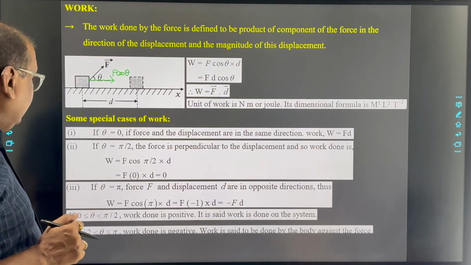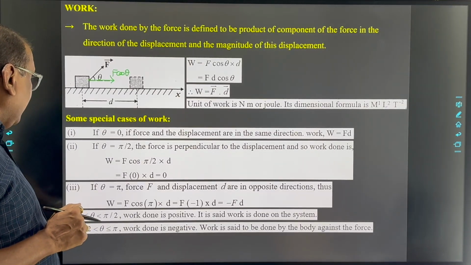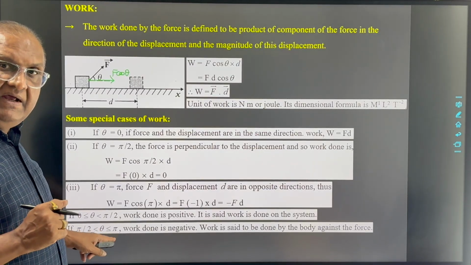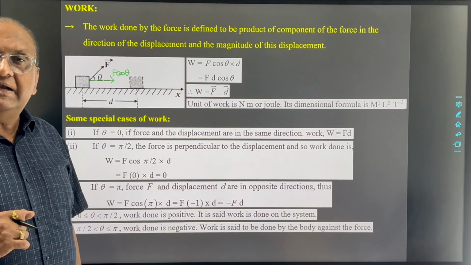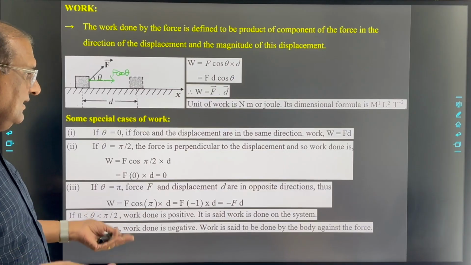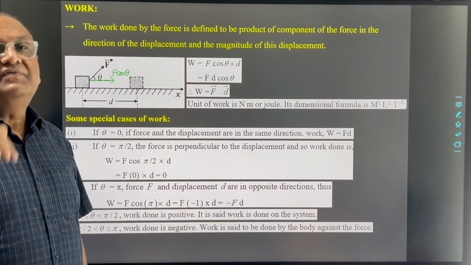And if theta is between pi by 2 and pi, or equal to pi, then work done is negative, and it is said that work is done by the system or body against the force.